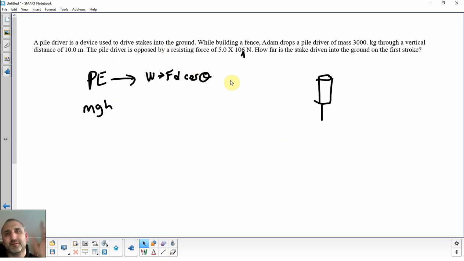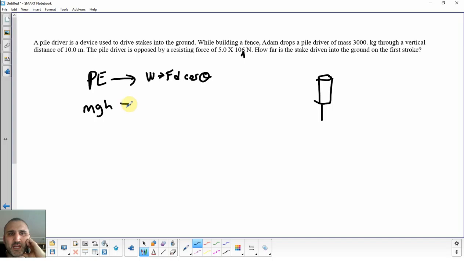This is a kind of complicated problem, but the theory is you give potential energy to this pile driver, and it does work FD cosine theta on the stake going into the ground. So if we know how much potential energy we have, we know how much work can be done on the stake.